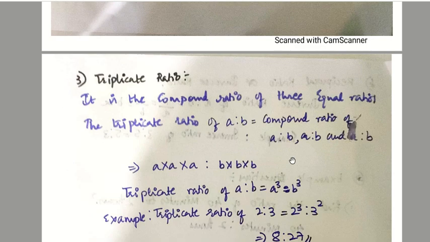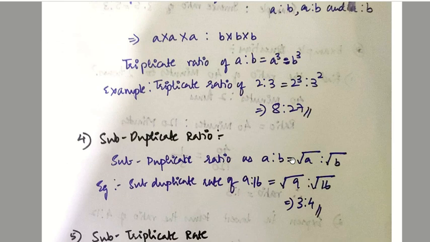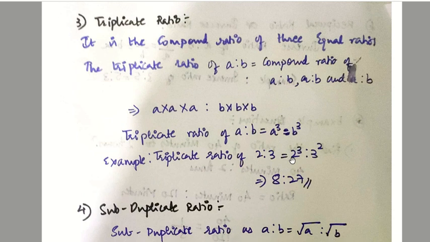Our next ratio is the triplicate ratio. The triplicate ratio is a compound ratio of three equal ratios. The triplicate ratio of A is to B is the compound ratio of A is to B, A is to B, and A is to B again.